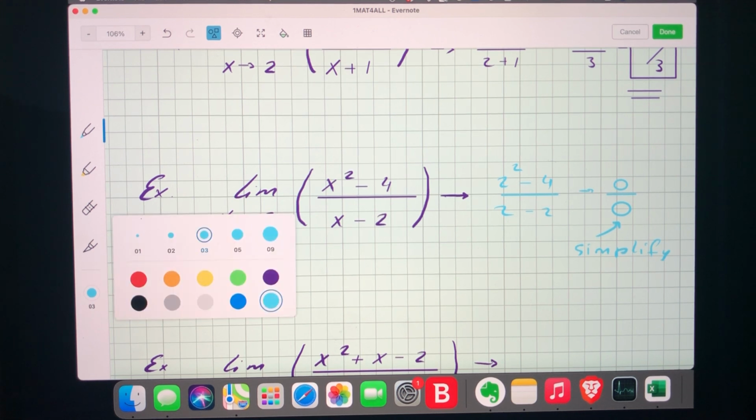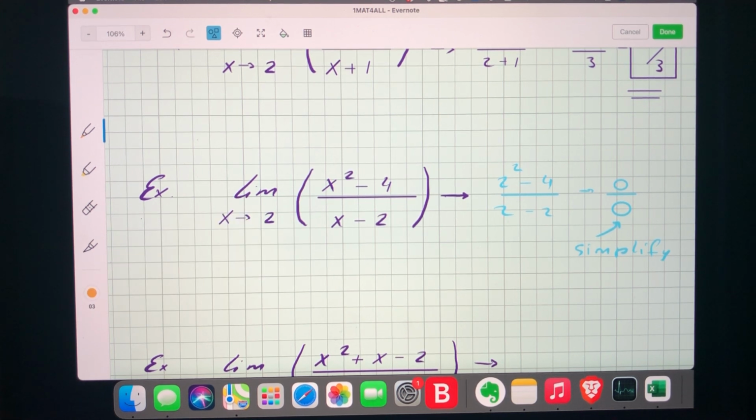Now, on the top here, we have the formula for the difference of squares, because we have a squared minus b squared. And if we expand it out, that's a minus b, and then a plus b. So applying this formula, we can rewrite the top as x minus 2, and then x plus 2.